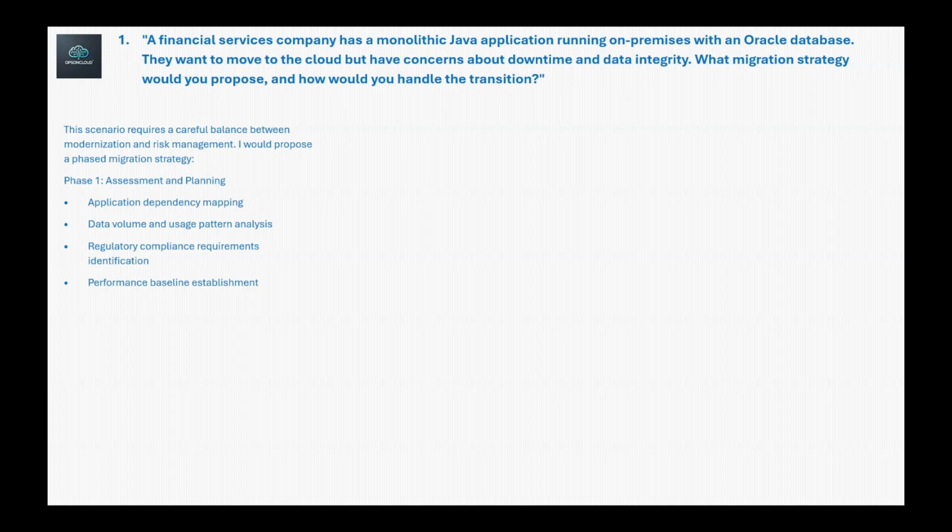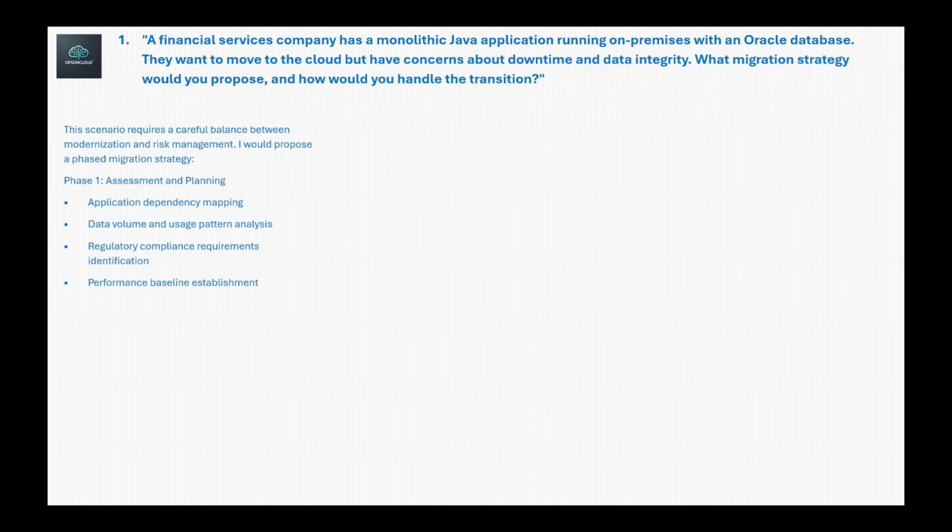I will do an analysis on the frequent data usage, archive data, how it has been mapped, and also the regulatory compliance requirements that are currently handled and what is required for that, and establish a performance baseline to understand the request and response time, how the application is performing currently, and what the benchmark is.